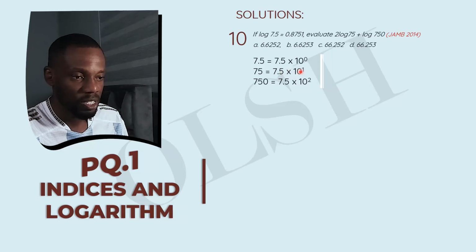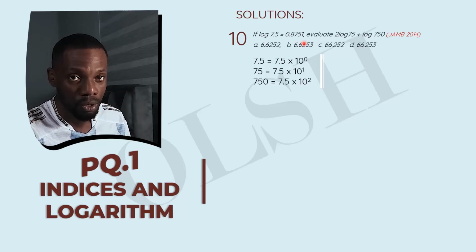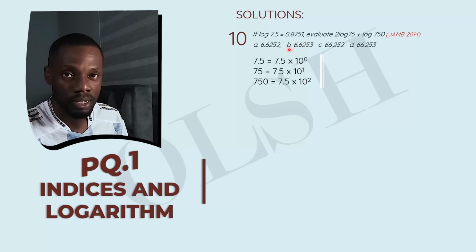We have 75 to be 7.5 times 10 raised to the power 1. We have 750 to be 7.5 times 10 raised to the power 2. If you look at this carefully, you will see that our characteristic for 7.5 is 0. That's why we have 0 point here. So it means for 75, we're going to have 1.8751. If you're confused about this, please just go back and watch the video of the lesson you did for indices and logarithm.